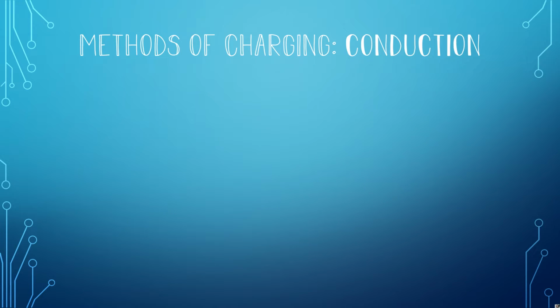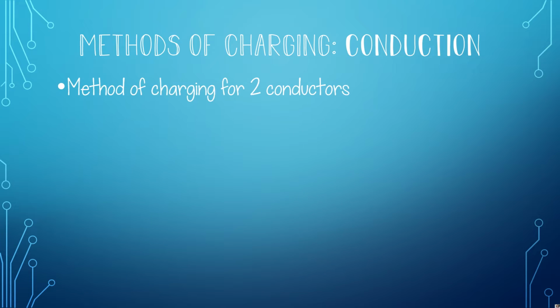Now that we know about the two main categories of materials, conductors and insulators, we can learn about three methods of charging. The first method we're going to talk about is something called conduction. Conduction is a method of charging two conductors, and with conduction we'll have two conductors that'll be equally charged.